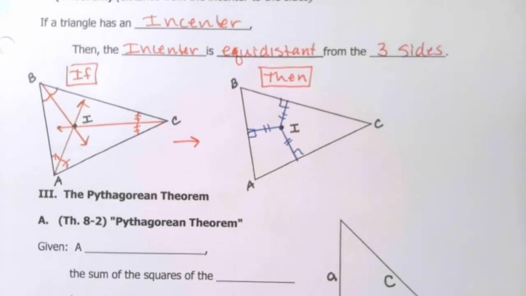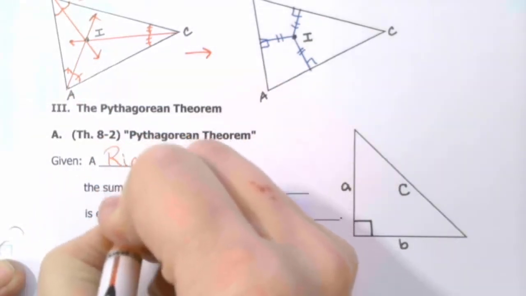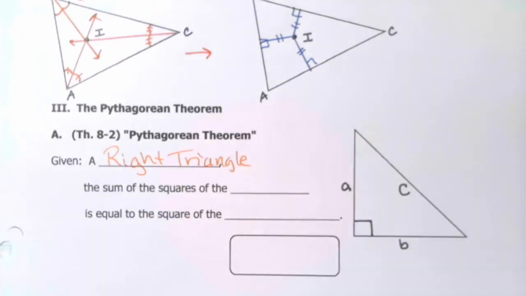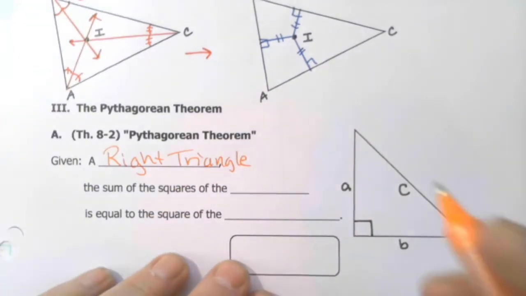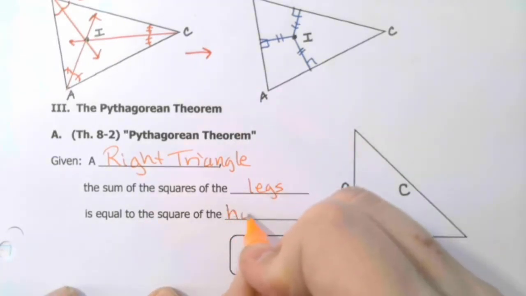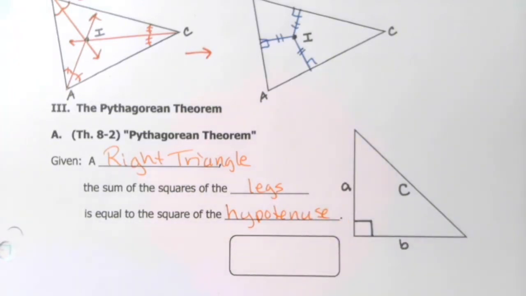Interesting theorem. Okay, Roman numeral 3, Pythagorean Theorem. Hopefully this one is a review. So given a right triangle, the sum of the squares of the legs is equal to the square of the hypotenuse. In this triangle, you have your right angle.